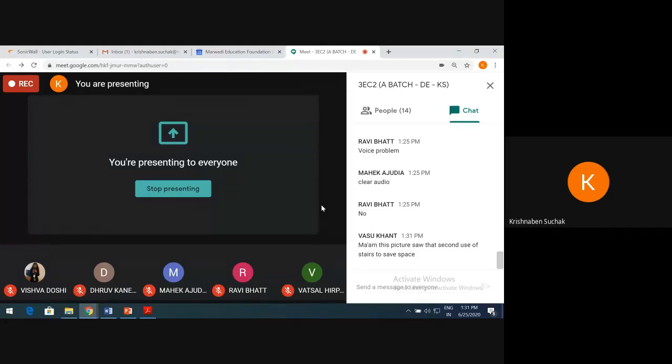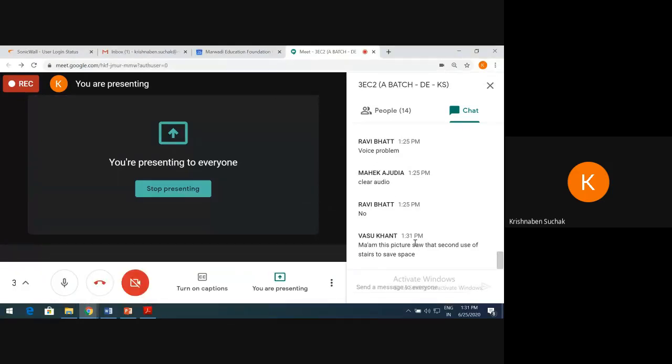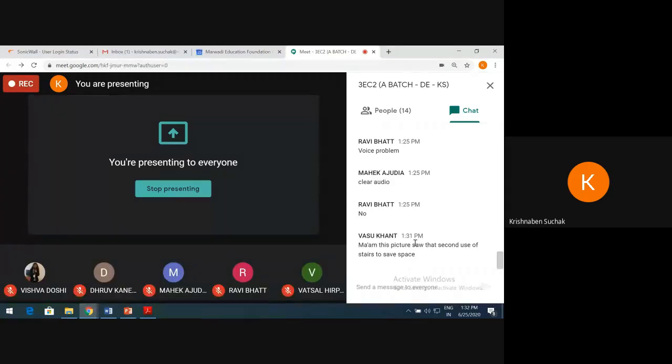Within 1 or 2 days, I will pass you one Google Sheet of your batch in which you have to make an entry. The required fields would be your enrollment number, your name, and how many persons are there in one group. For example, if Ravi, Mehak and Vasu are in a group, only one group entry should be there. You have to write your project name and bring 3 definitions of your project, then we will discuss which one you need to keep.